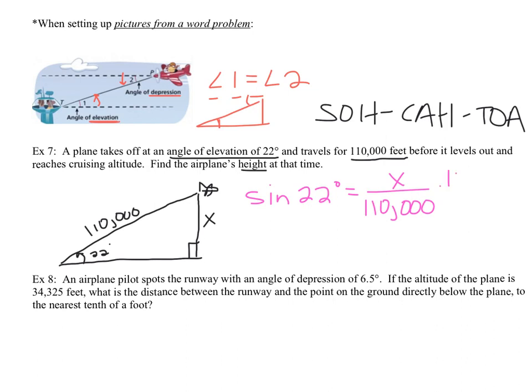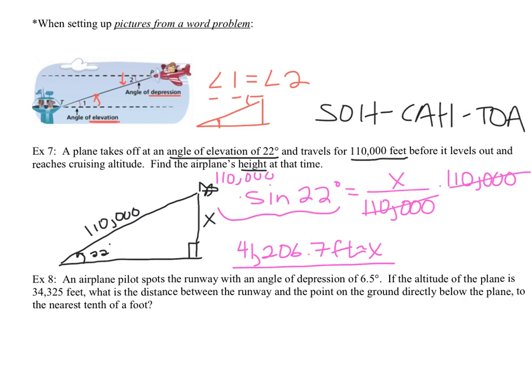We'll multiply both sides by 110,000, and that cancels out. So if you take 110,000 times sine 22, round your answer to the nearest tenth and be sure to label, I got an answer of 41,206.7 to the nearest tenth, and the label would be the length measure in this case, which is feet.